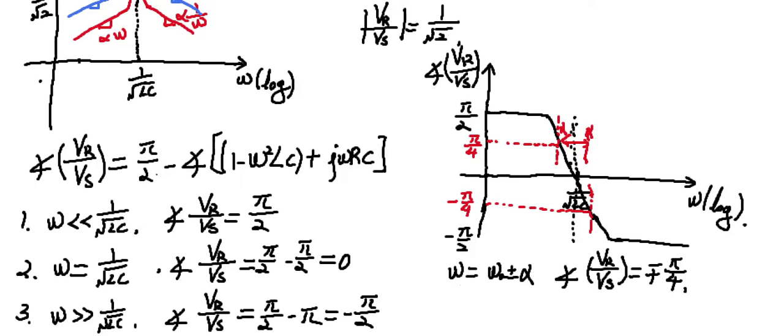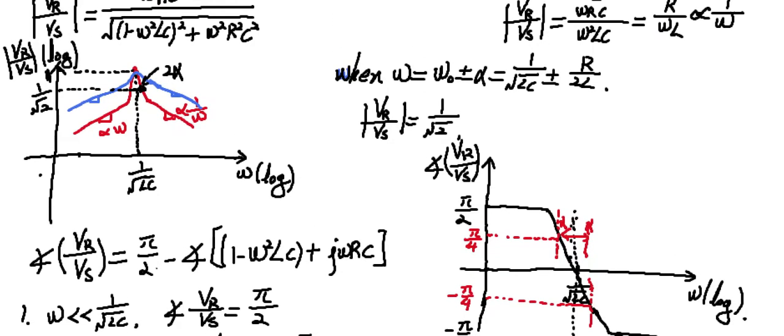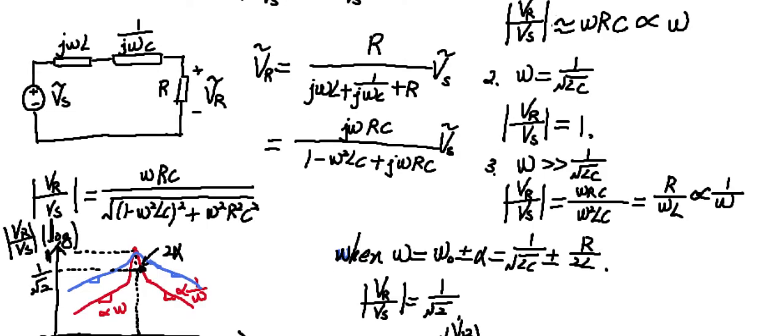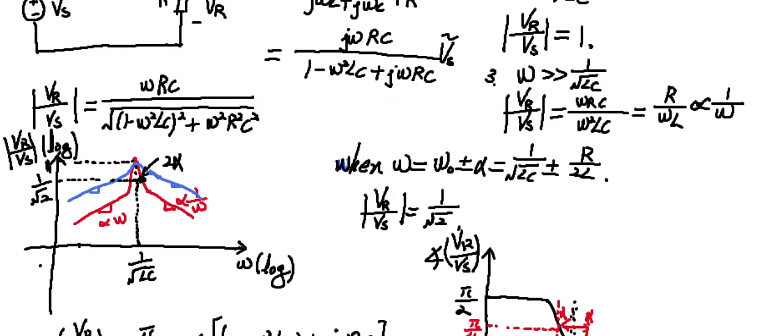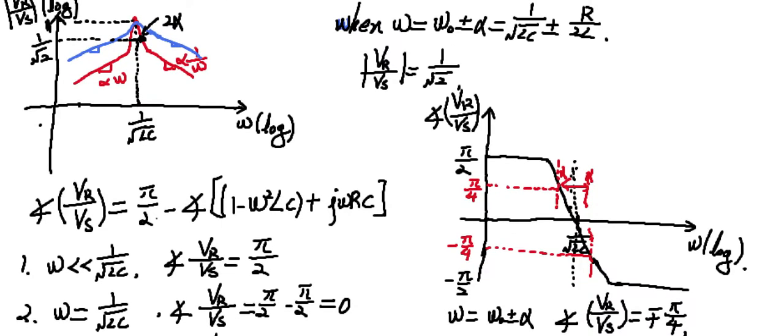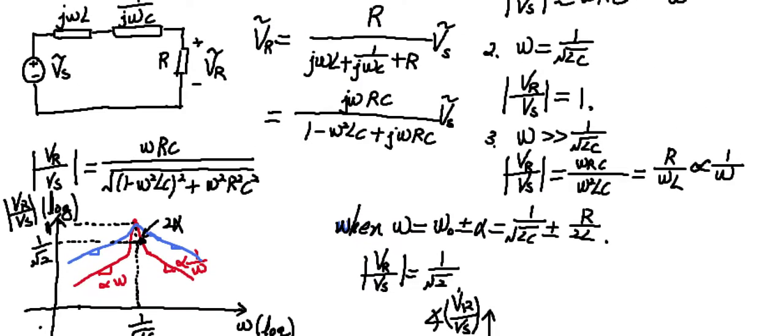Okay, so far we have discussed, for a second order circuit, the frequency response of the magnitude as well as the frequency response of the phase. So in this specific second order system, for the output voltage magnitude, we can see that the maximum value is 1. So the highest voltage that you can get is the same as the input voltage. That is in resonance.